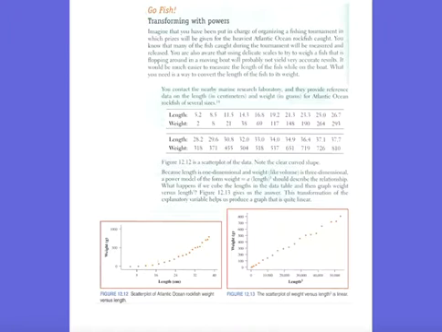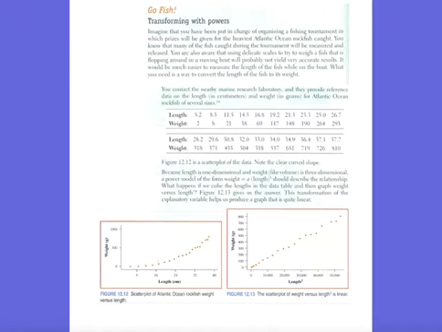It would be much easier to measure the length of the fish while on the boat, but what you need is a way to convert the length of the fish to its weight. You contact the nearby Marine Research Laboratory, and they provide reference data on the length in centimeters and weight in grams for Atlantic Ocean rockfish of several sizes.